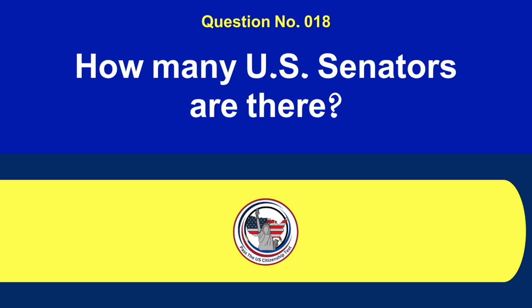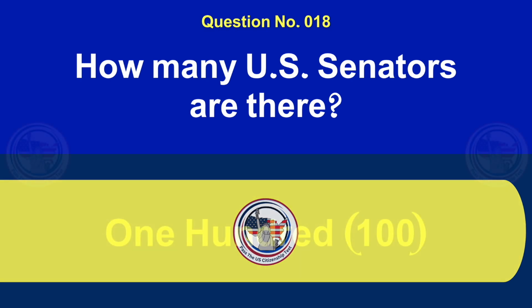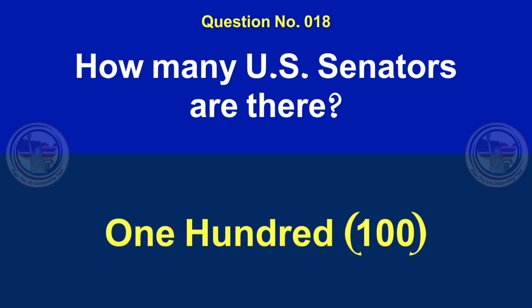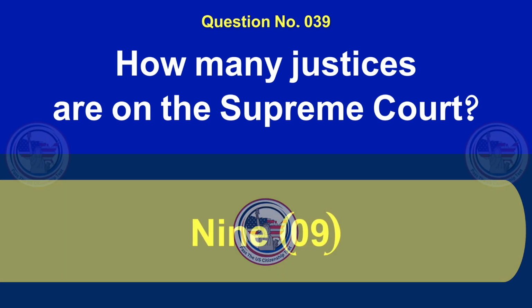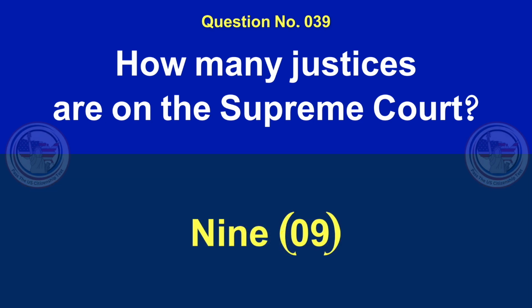How many U.S. senators are there? 100. How many justices are on the Supreme Court? 9.